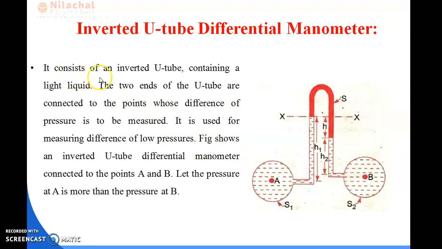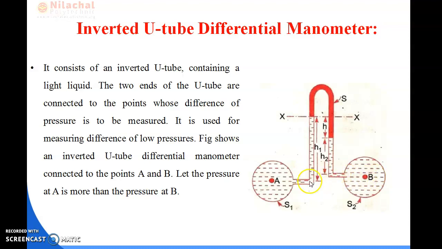So it consists of an inverted U-tube containing that light liquid, and the two ends of the U-tube are connected to the points whose difference of pressure is to be measured. Here, the two pipes A and B, our aim is to calculate the pressure difference.